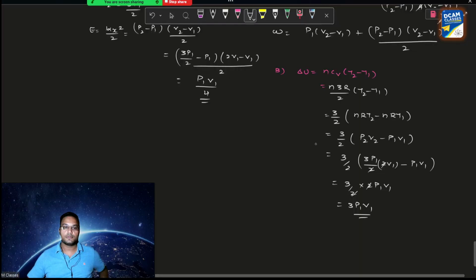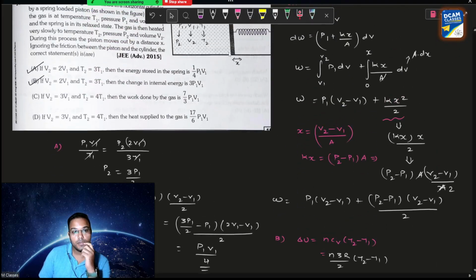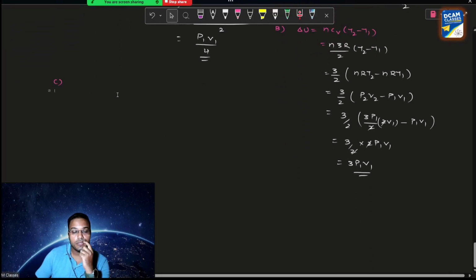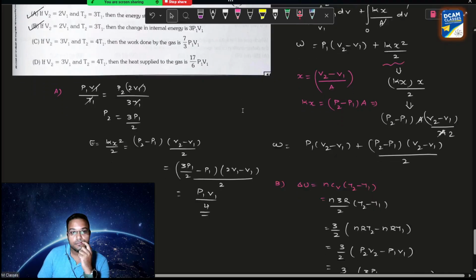Now let's check option C, the work done by the gas. V2 is 3V1 and T2 is 4T1.